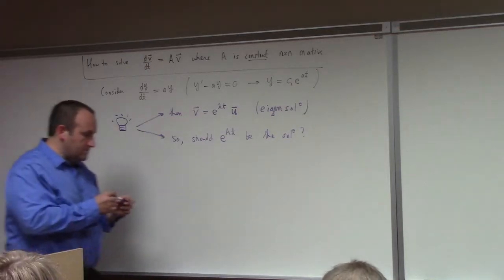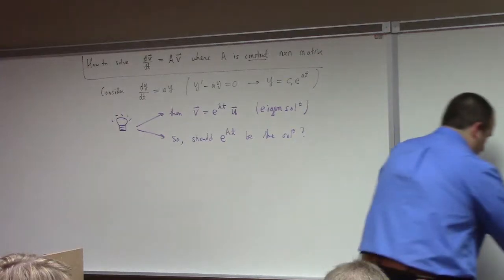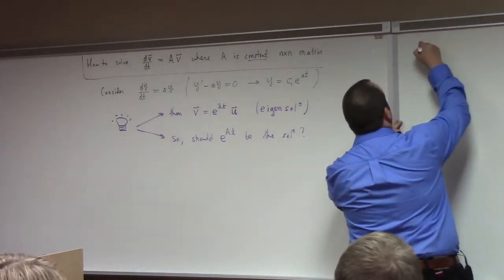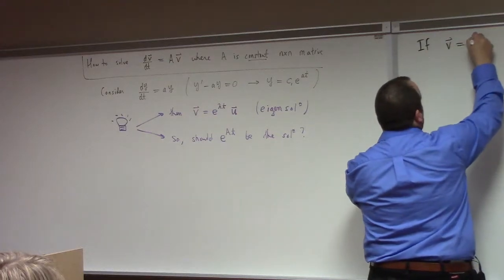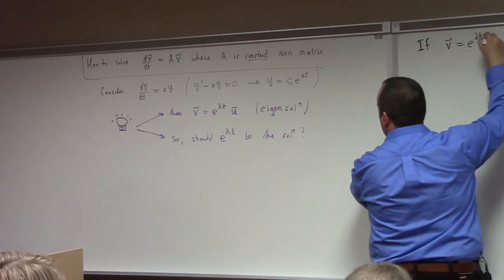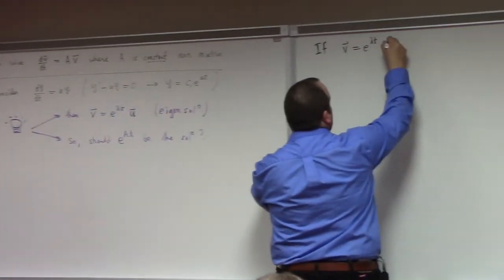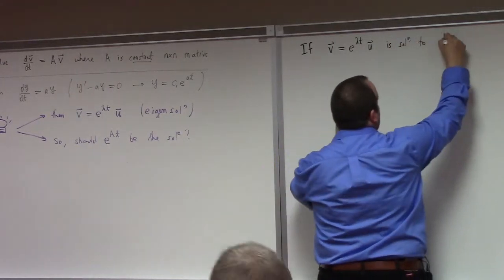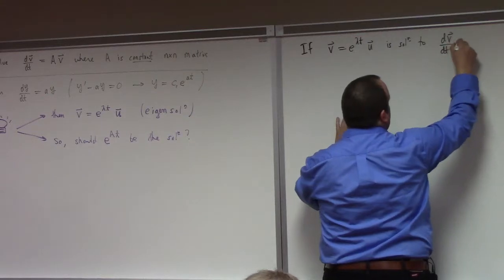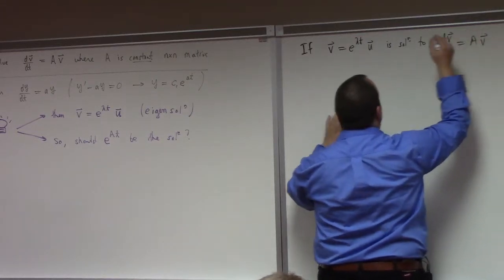Now, if e to the lambda t times u is going to be a solution to dv/dt equals Av, what does that mean?